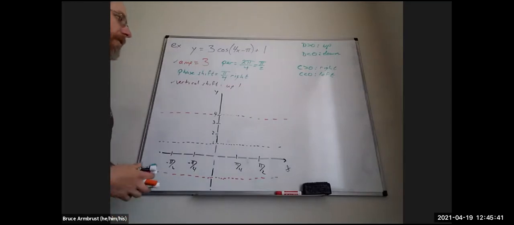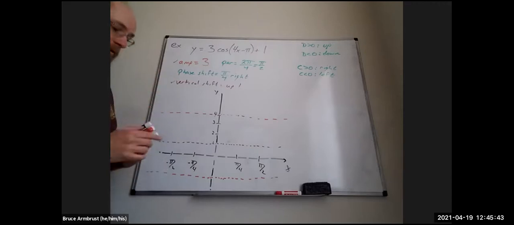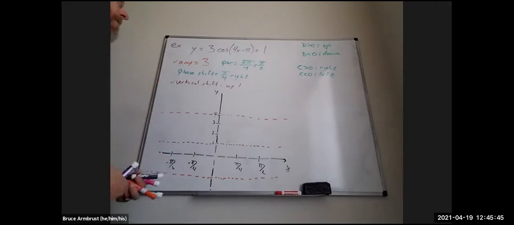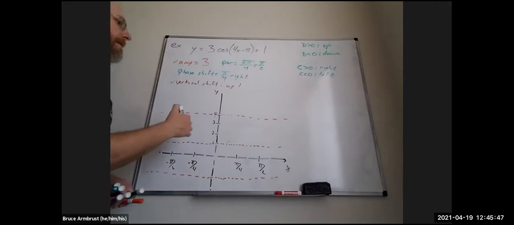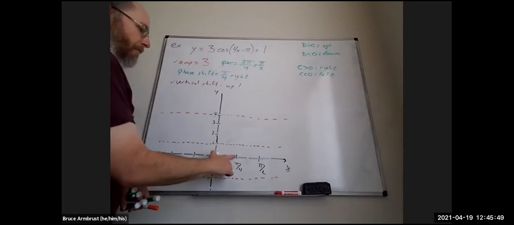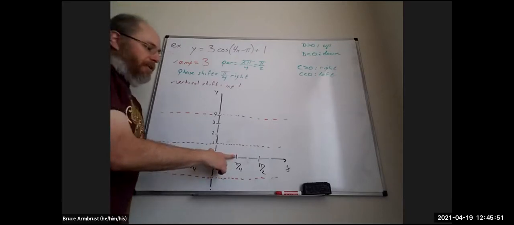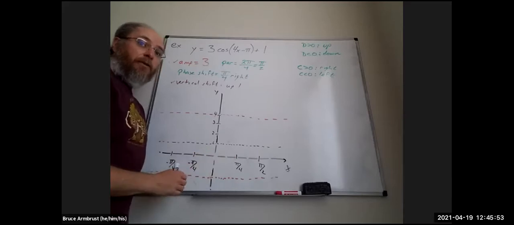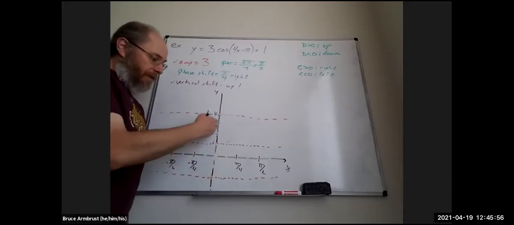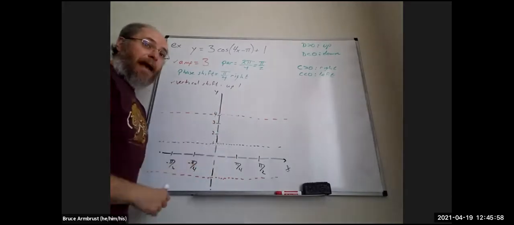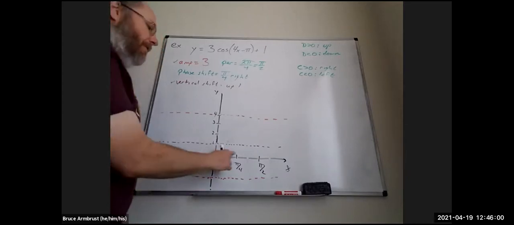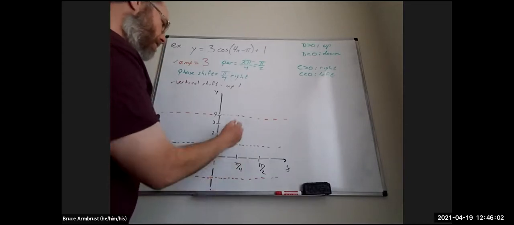Okay, so I'm going to take care of my phase shift. So here's what I'm going to do. I'm going to go right pi over 4, and I'm going to put what the point should be. So think about cosine. At the axis, it started with a maximum. So that means I want a maximum at pi over 4.